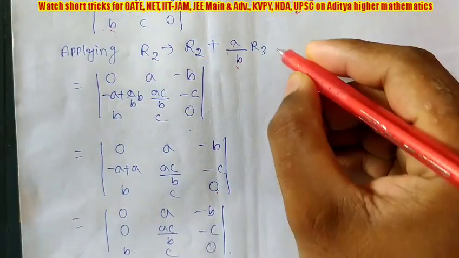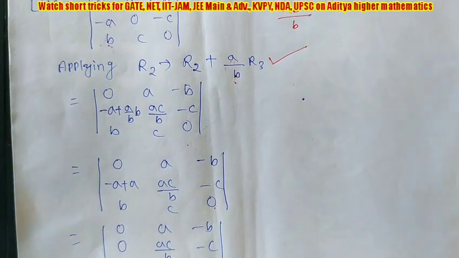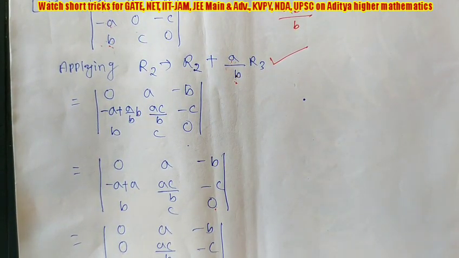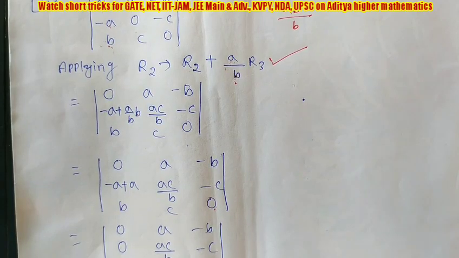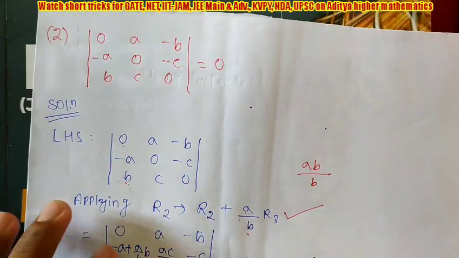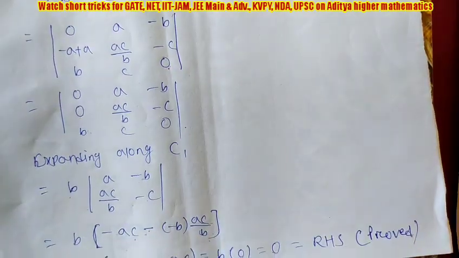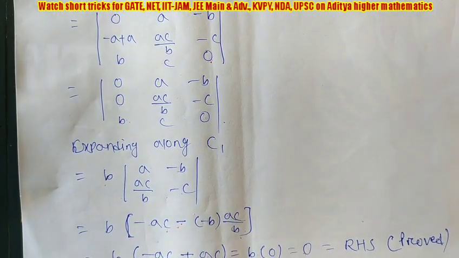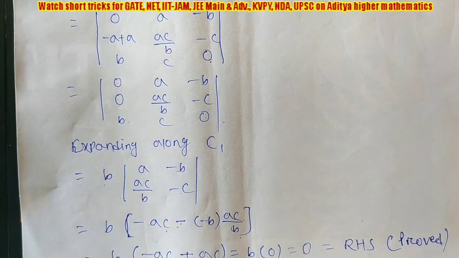Only the important step is R2 changes to R2 plus A by B R3. So only one step we are solving this question. Okay. So right side 0 given, we got here also 0. So first you are doing 2 zeros in a column and then we are expanding to solve easily. Next we will solve the third question.